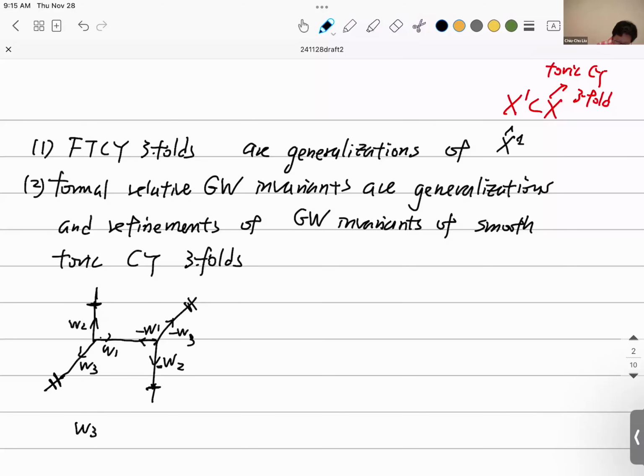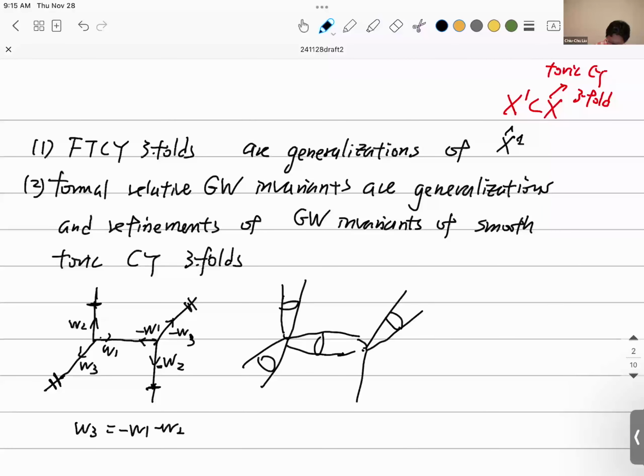Here W3 is minus W1 minus W2. So what happens is the following. Somehow you glue these two C together to get the P1.